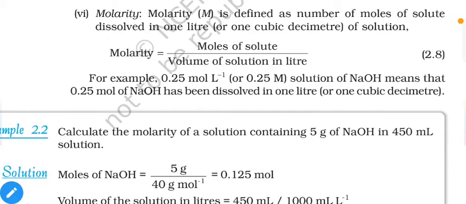That means a 0.25 mole per liter or molar solution of NaOH represents we have 0.25 moles of NaOH in total 1 liter solution. And similarly, if you want to prepare any other quantity, then you can follow the same thing: moles of solute divided by volume of solution in liters, and you can find the concentration in molarity.